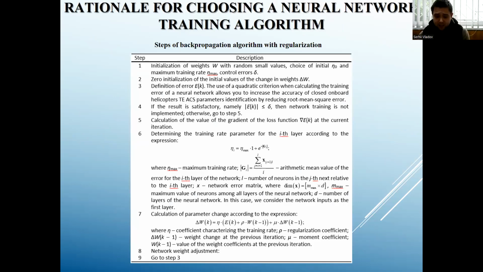At the same time, it is proposed to use a variable training rate parameter for each layer of the neural network as a function of the error of the neurons of the corresponding layer.